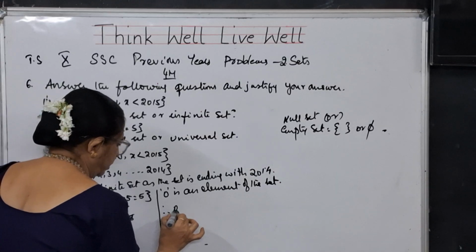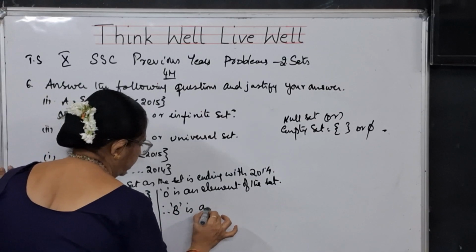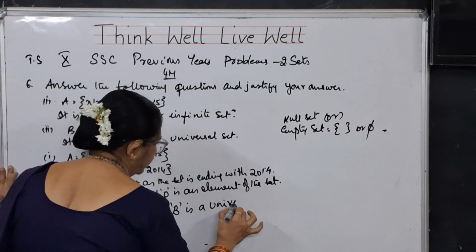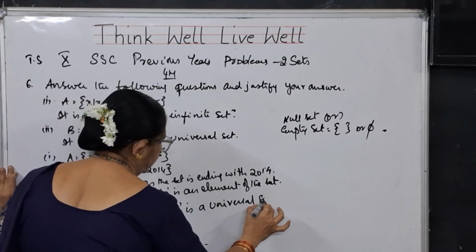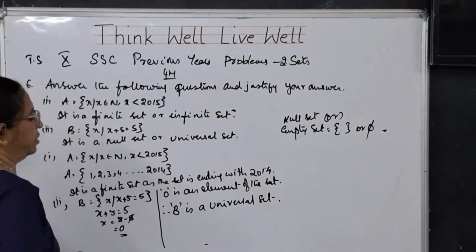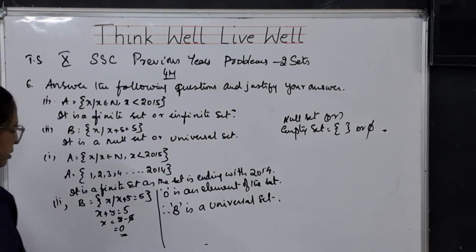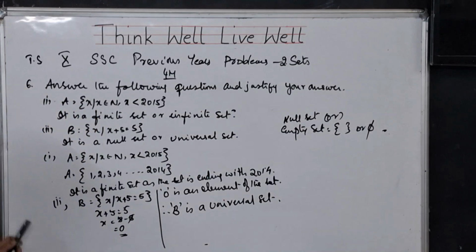Therefore, B is a universal set. You will write it as universal set, children. Please copy this. Sorry, children.